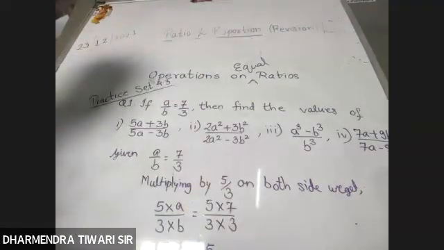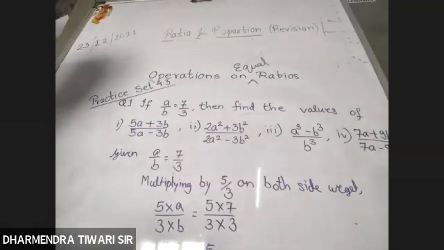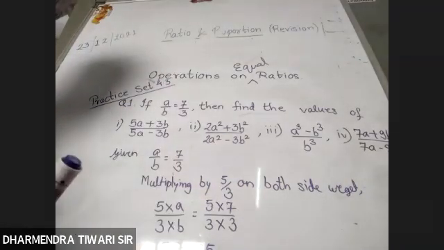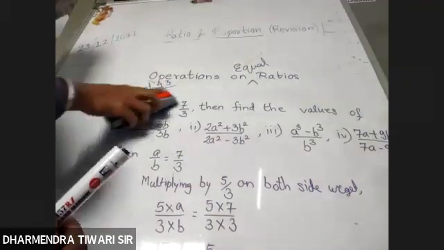Hope you have understood this. As a by b is 7 by 3, I'm rubbing this part as I have less space.